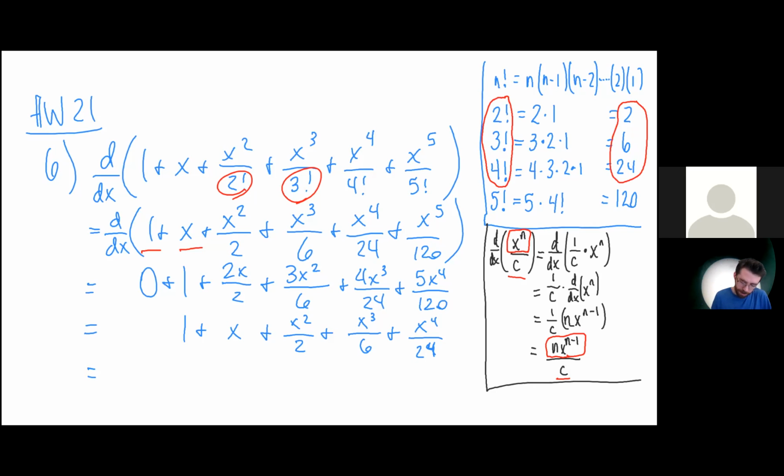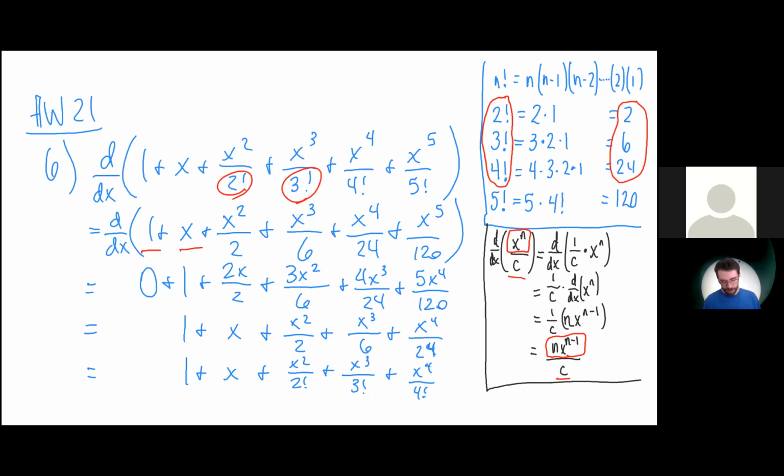So I could have written this as 1 plus x squared over 2 factorial plus x cubed over 3 factorial plus x to the 4th over 4 factorial. Okay, next pattern recognition question. Does this look like anything familiar? Pause the video if you need a second.